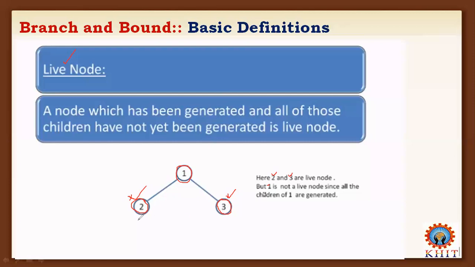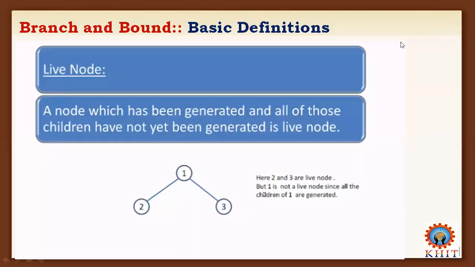That's why node 2 and node 3 are considered live nodes. Why? Because further there is no way of generating child nodes for node 2 and node 3.